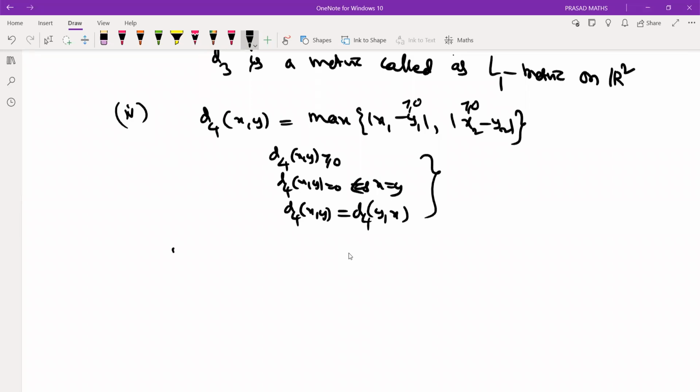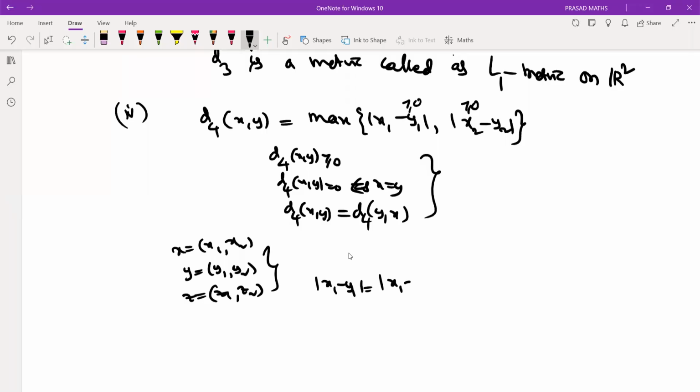That is important. For this, I can take two elements. I'm going to start with x1 minus y1. What is this? x1 minus z1 plus z1 minus y1.